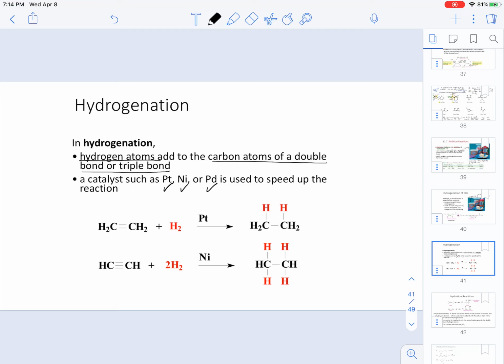So if we start with an alkene, and that alkene undergoes the hydrogenation reaction, we are going to form an alkane.